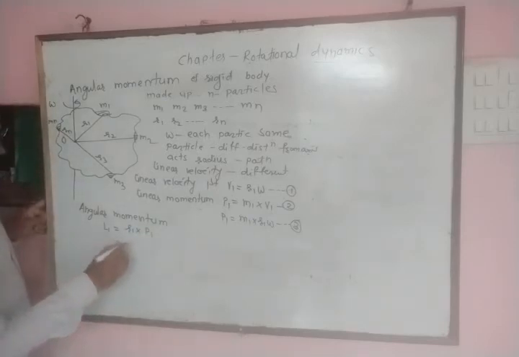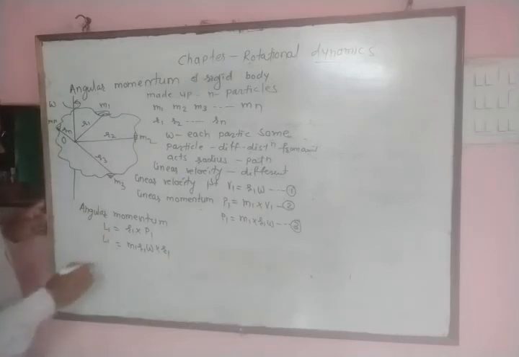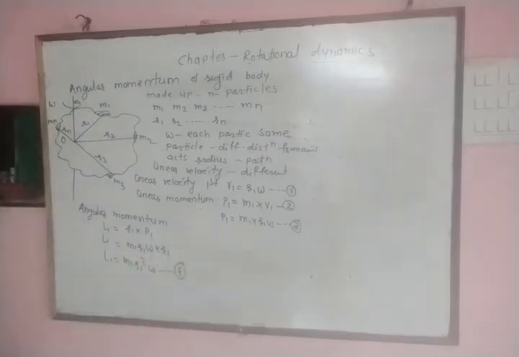Therefore, we get M1 R1 into omega into R1. This is the angular momentum of the first particle: M1 R1 square omega. This is equation number 4.